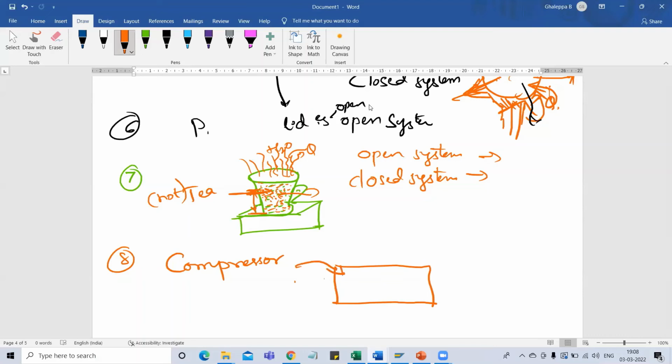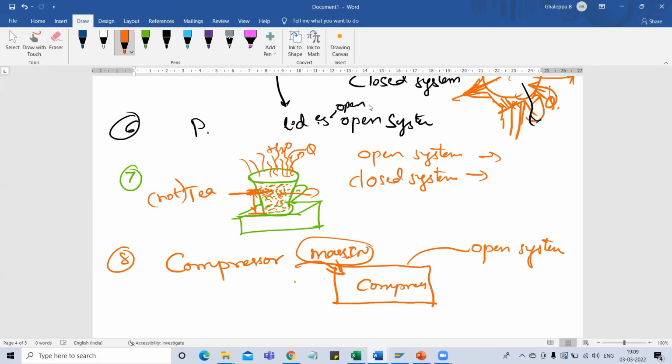When air enters inside the compressor, only then can you compress, no? Otherwise, it is not possible. So mass is going in. And mass is not coming out unless you use this high pressure air to fill the air inside a bicycle, bike or car wheel, etc. So mass is going in. So when there is a mass exchange, then it is called an open system.